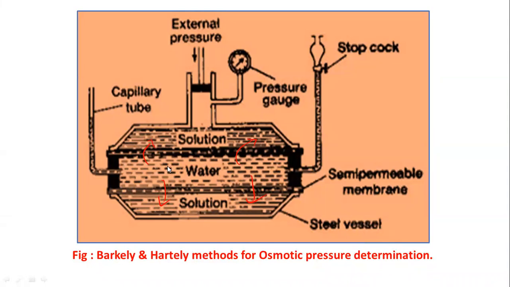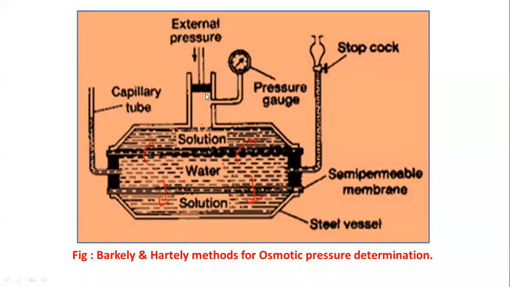Otherwise, what happens? The level in the capillary tube decreases, and the water is flowing from this side to this side. Therefore, to stop the flow of the osmosis, to stop the flow of the water, we have to increase the pressure here.